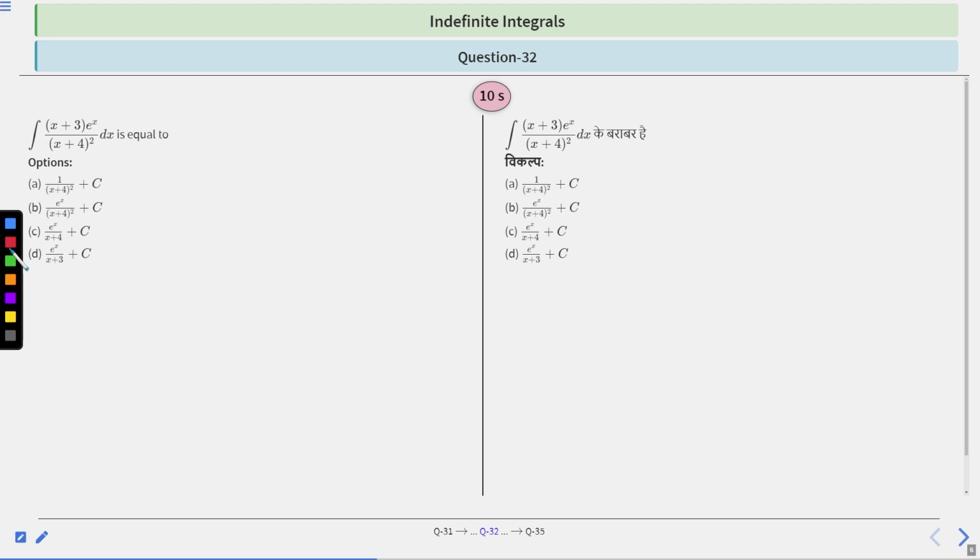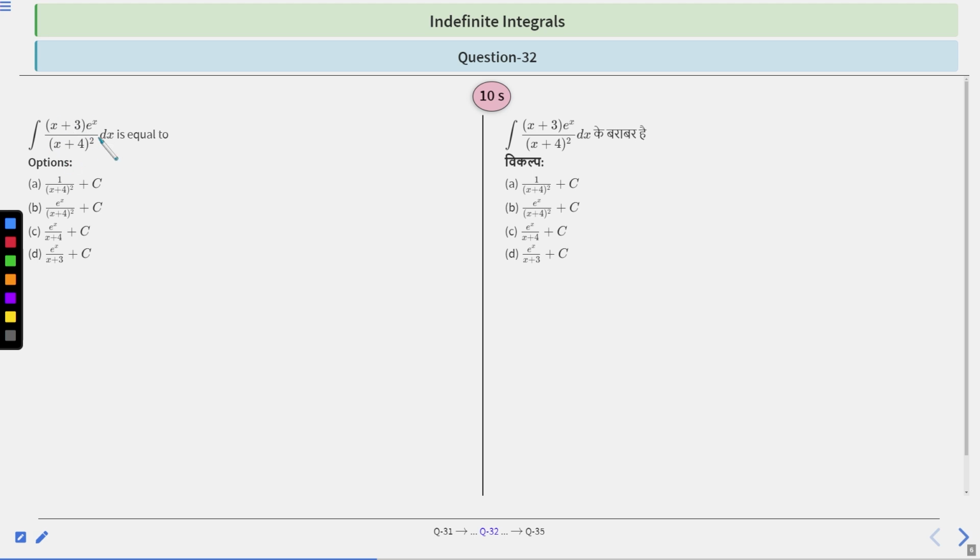So the denominator of the integrated part will be x plus 4. Because if you differentiate these options, the option having x plus 4 in the denominator will give this thing after differentiation.